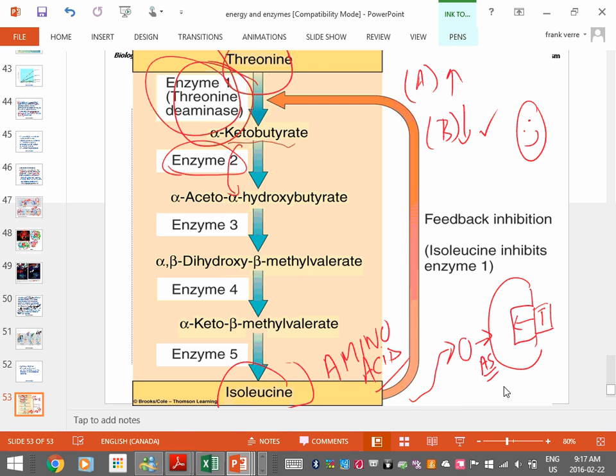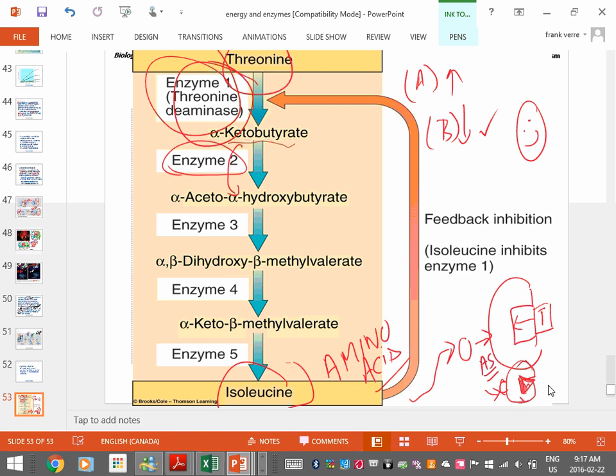And by attaching it to that allosteric site, we'll probably change the shape of this enzyme. Sorry about the drawing, it's really bad. But here's my isoleucine right over here, changing the shape of my enzyme so that the active site no longer can fit the substrate. By doing this, the enzyme is switched off.